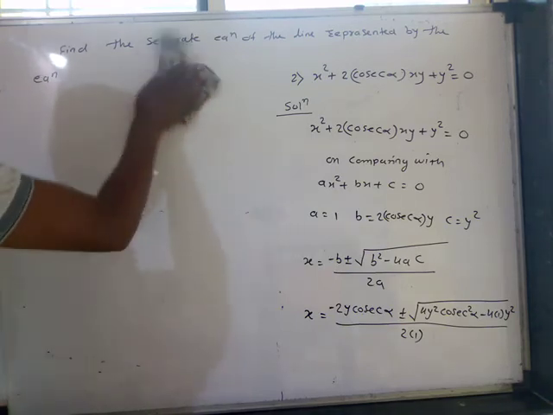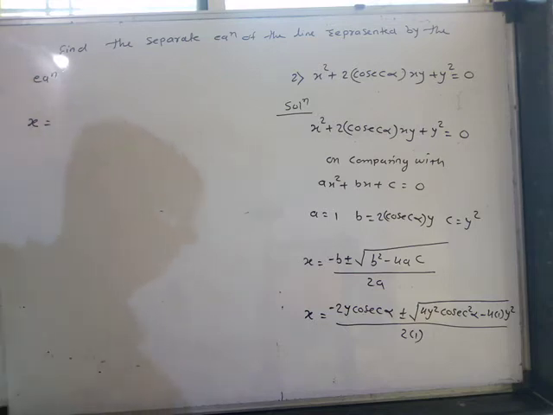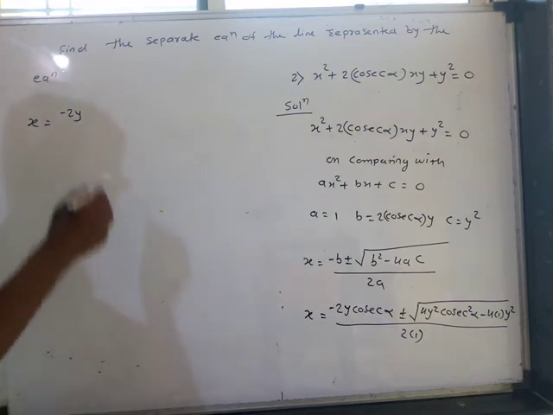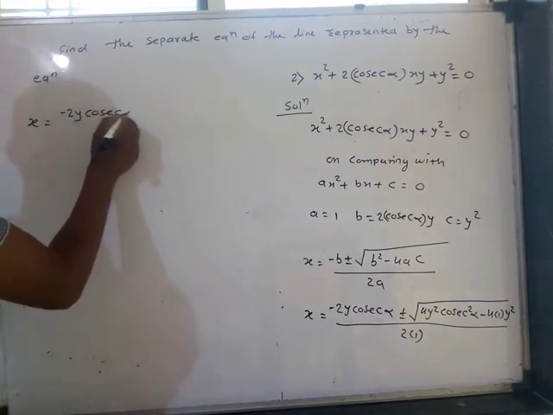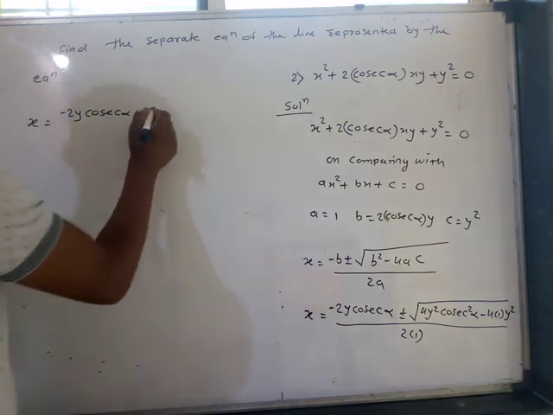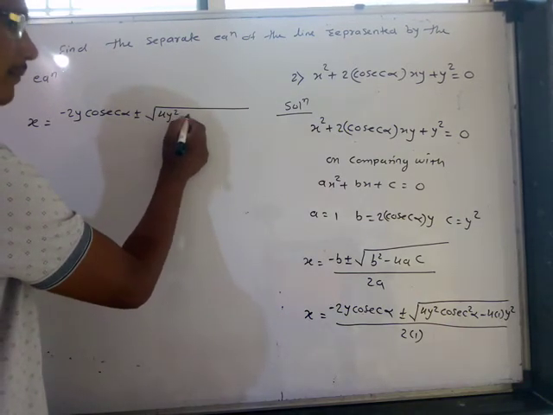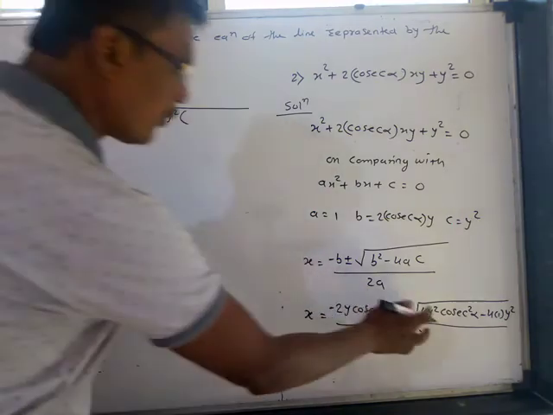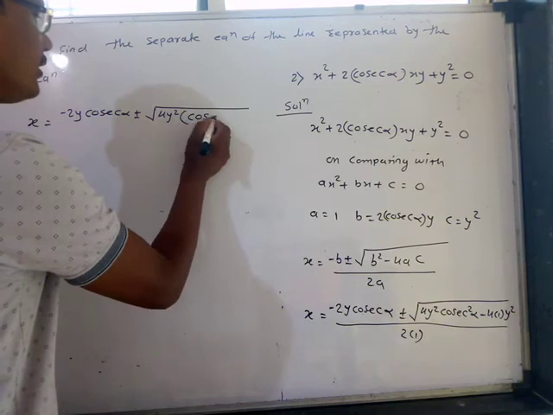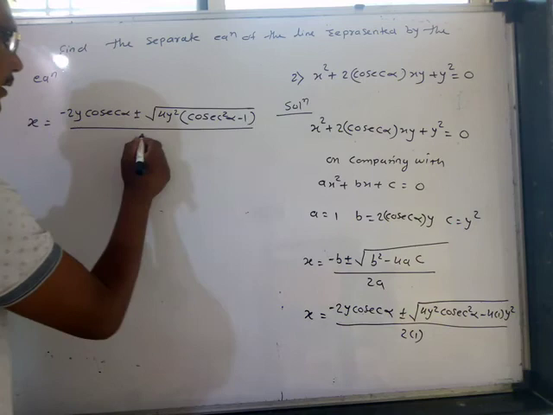So x is equal to minus 2y into cosec alpha plus or minus square root of 4y square, taking 4y square common, then cosec square alpha minus 1 remains, whole divided by 2.